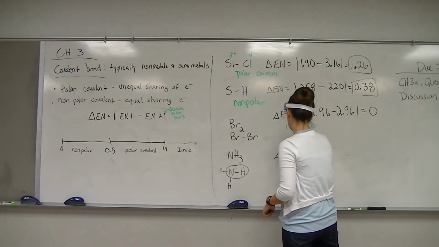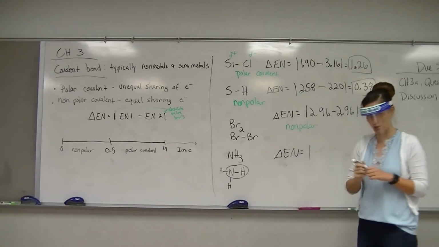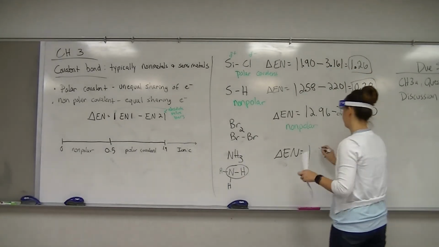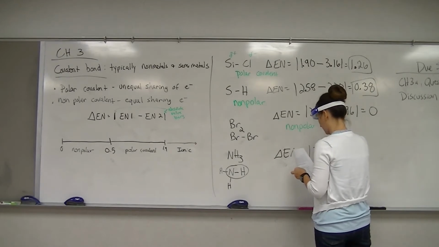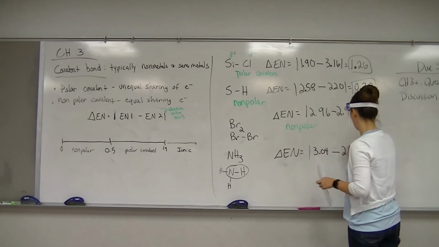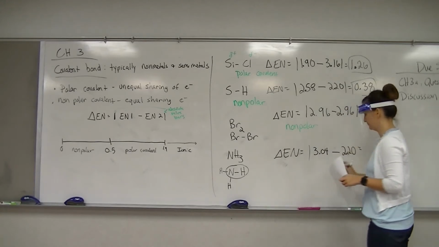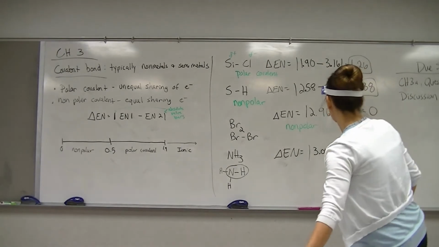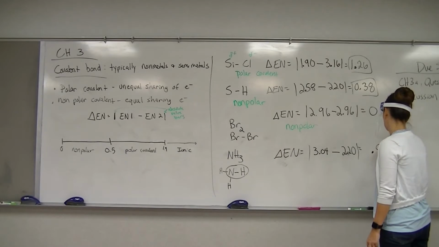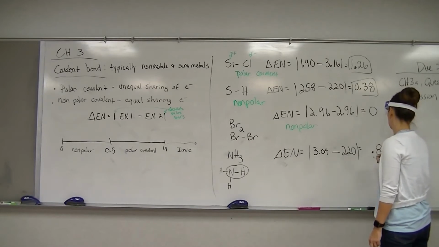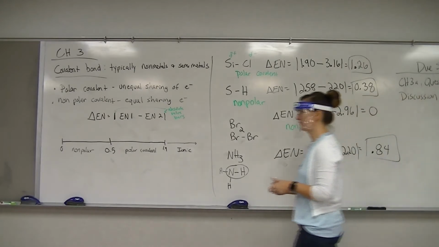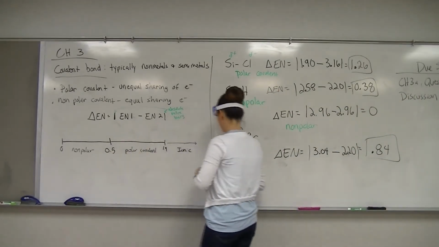So change in electronegativity, looking at nitrogen, it is 3.04. And then hydrogen, we just did up here, 2.20. So 0.84, which is above 0.5.